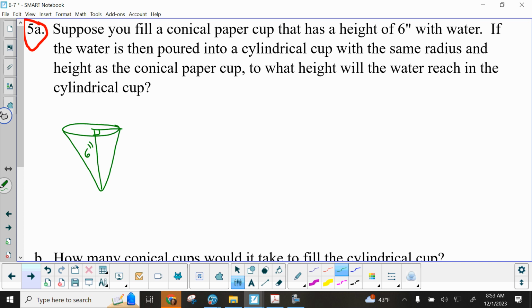The water is then poured into a cylinder shaped cup. And the cylinder says it has the same radius as the cone, and it also has the same height.